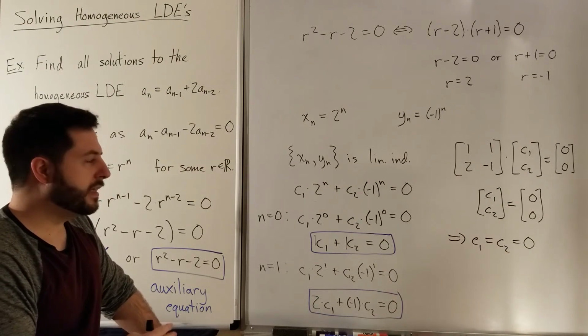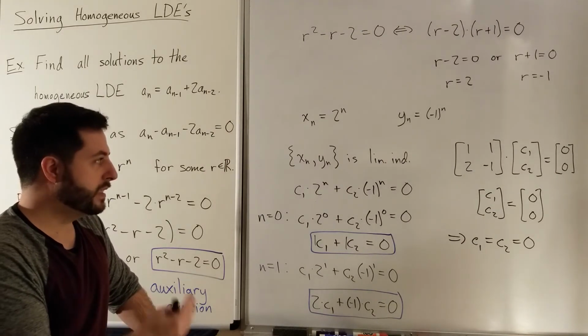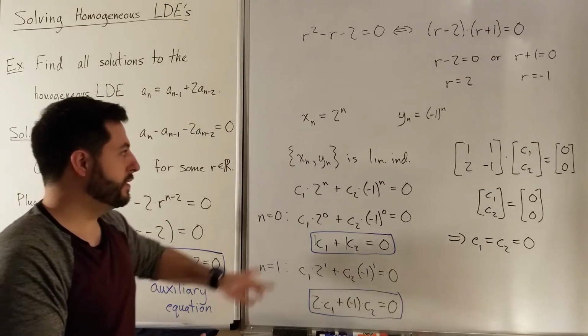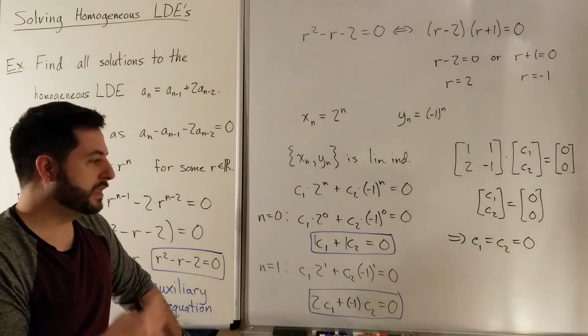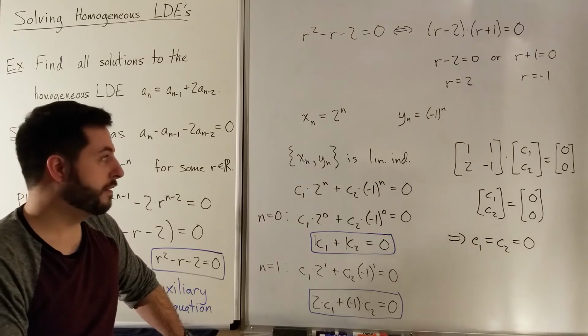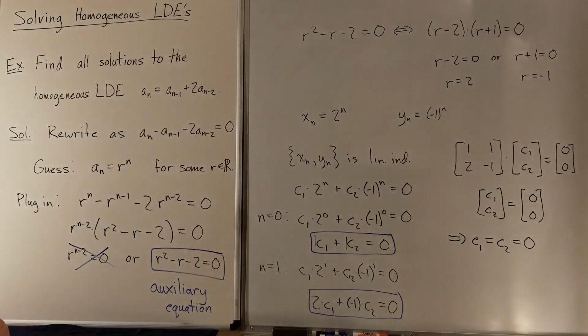And I want to say that this forms a basis of the set of solutions. We know the set of solutions is a vector space. We have two linearly independent solutions. And I want to say that this space is two-dimensional. Therefore, this is a basis. How might we go about doing that?